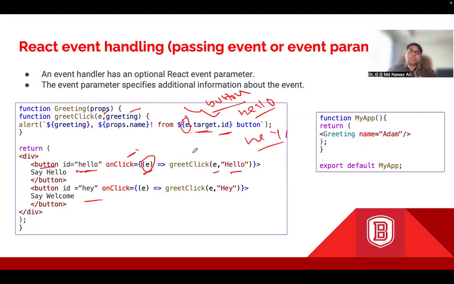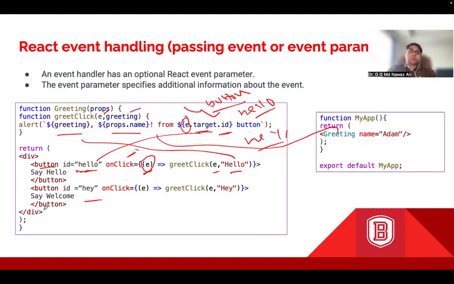If you click this one, it will show that the greeting is hello, which is coming from here. The props name is coming from this component, and the event.target.id value is coming from here. So it will show hello Adam from hello button.